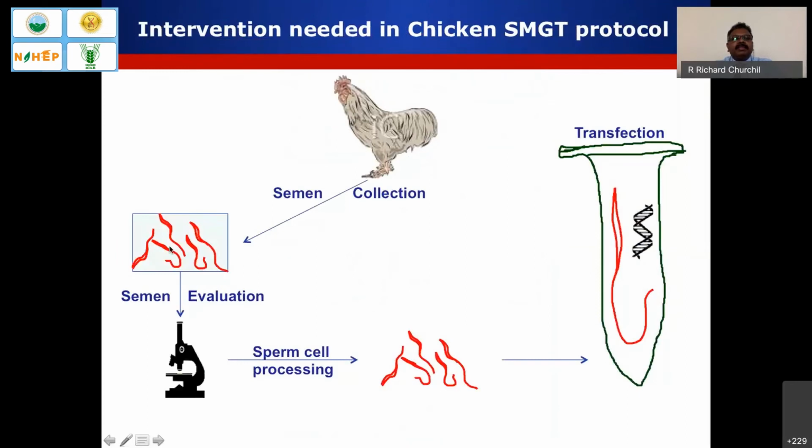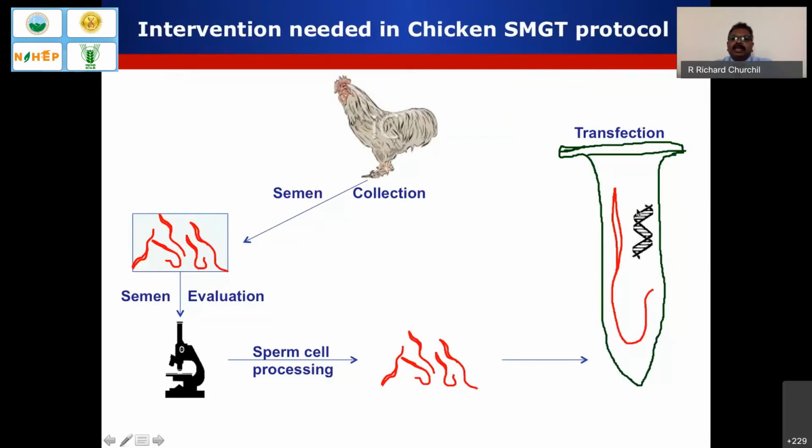So semen is collected and processed, because semen contains DNAs in its seminal plasma. Therefore, you have to wash the sperms to remove the seminal plasma. 2-3 times washing is necessary. So, with the washed sperms, DNA is added in a solution, and it is incubated at room temperature.